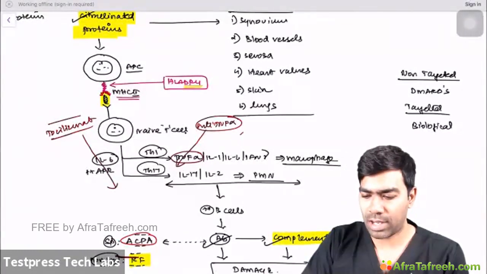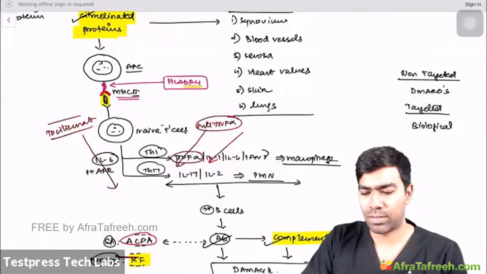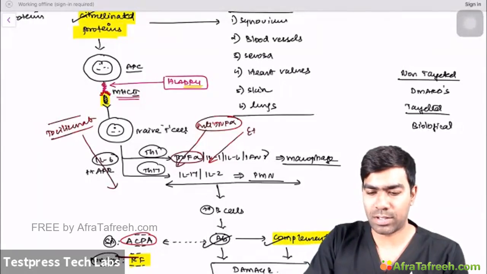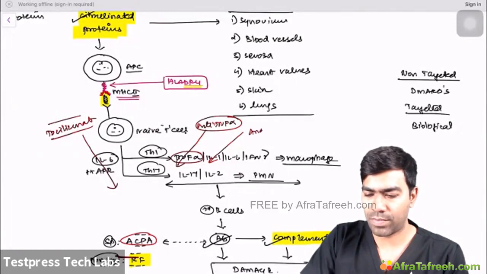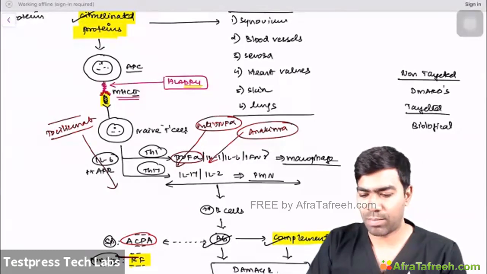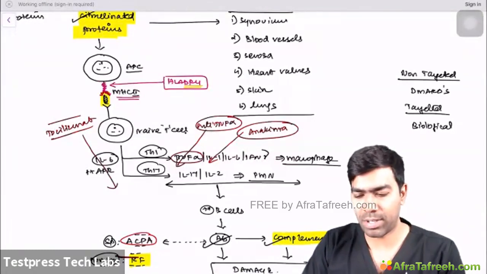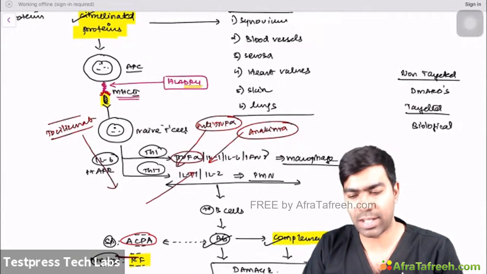And we have IL-1 as well. So typically we use anakinra here. That's not a very powerful drug, but still it is approved for use in rheumatoid arthritis.